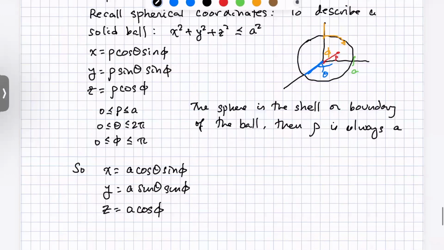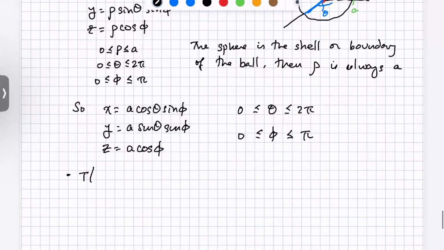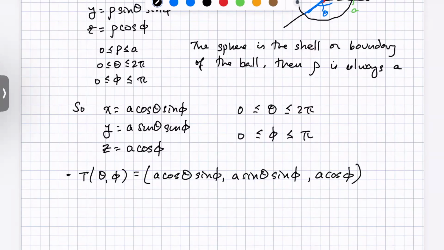And here, notice that we only have two parameters. Theta goes from 0 to 2 pi, and phi goes from 0 to pi. So here I can write T of theta, phi equals a cosine theta sine phi, a sine theta sine phi, a cosine phi, where theta goes from 0 to 2 pi, and phi goes from 0 to pi.